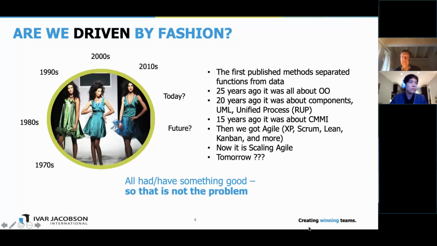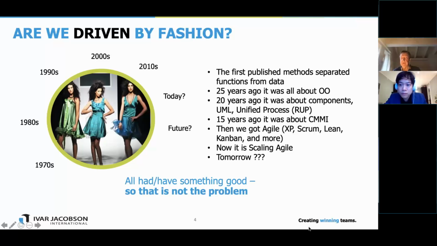But 25 years ago, it was all about object orientation. That was probably when I personally started to be involved and gave talks at conferences around the world.